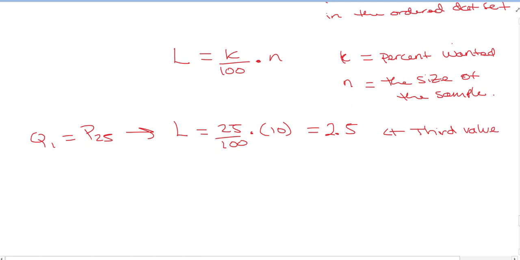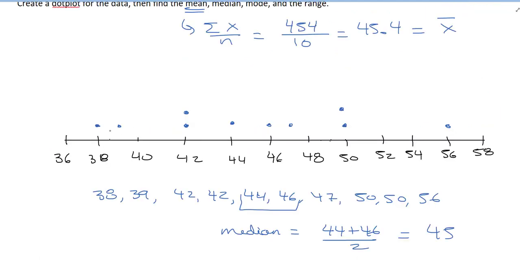of our data set. So let's go back to our dot plot and see what our third value was. The reason I come back to our dot plot is because in the dot plot our data was already ordered. So there's the first value, 38, the second value is 39, and our third value is 42. So that's going to be then our 25th percentile. So let's go back and write that down.